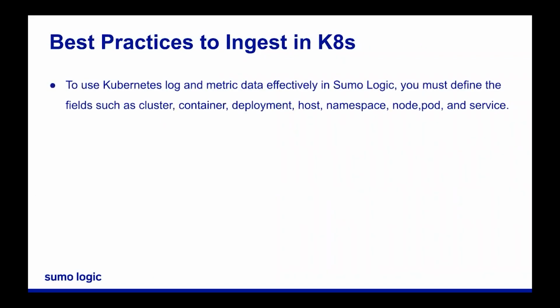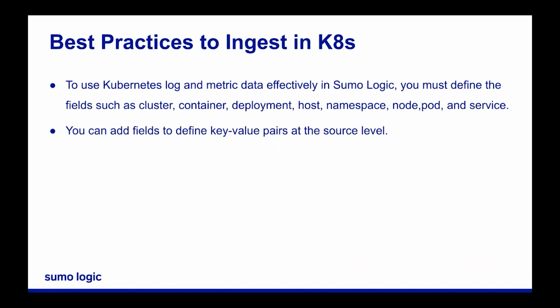Some best practices here, right? To use Kubernetes log and metric data effectively, you must define the fields like cluster, container, deployment, host. Define those namespace, those fields, those key value tags. Okay. You can also add additional fields to define key value pairs. For example, like I said, this environment might be for a specific business unit.